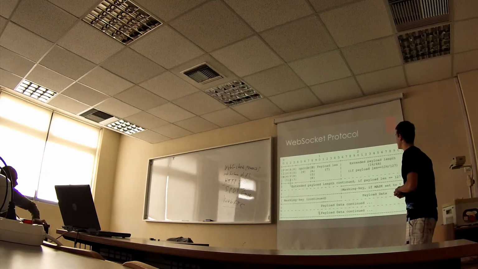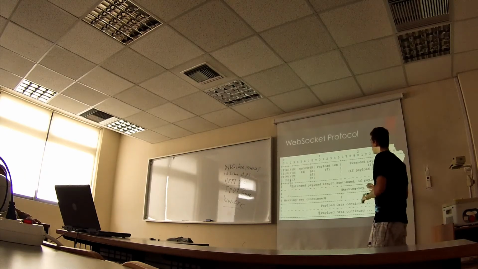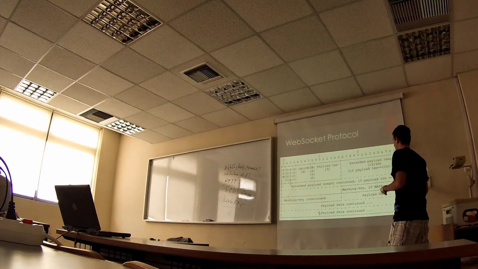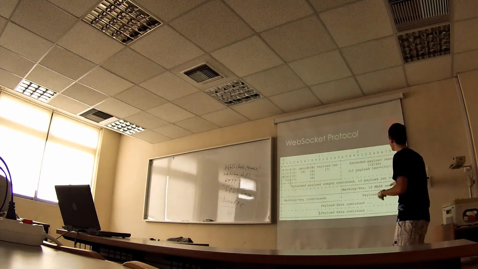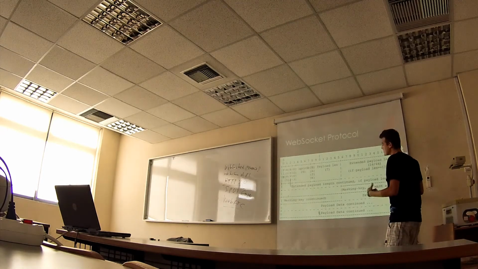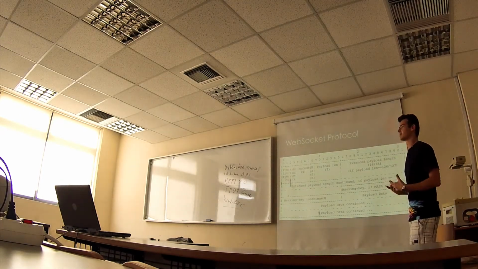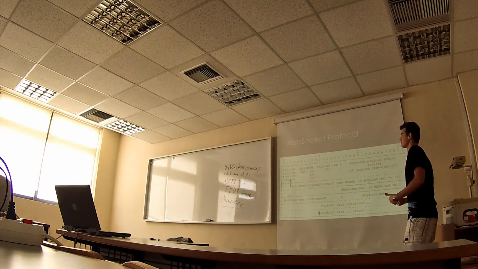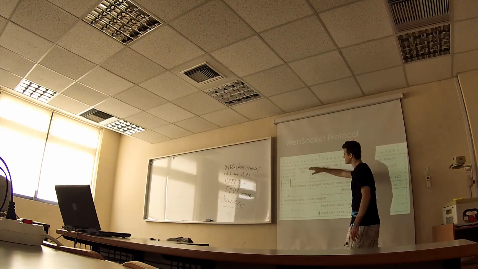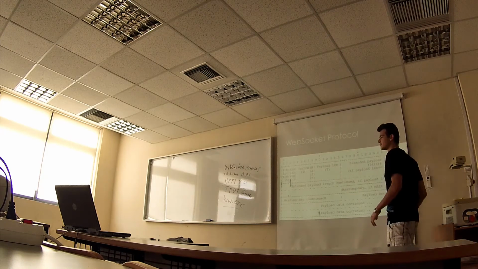Okay, so for me it was not so necessary, but there's a masking key. For me, this security aspect was what is interesting. Yeah, I know it's all described in the RFC.